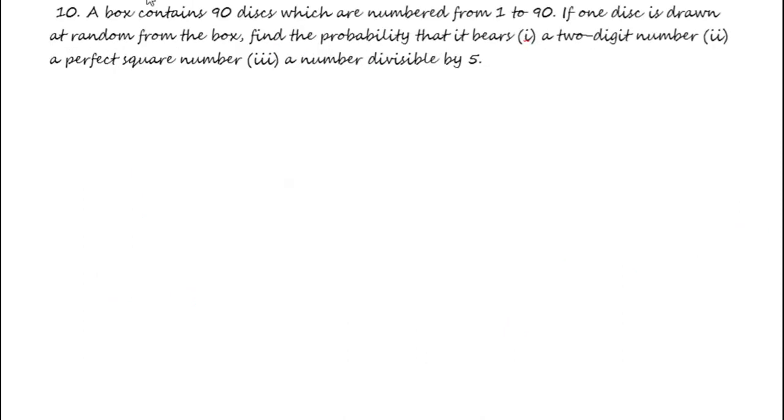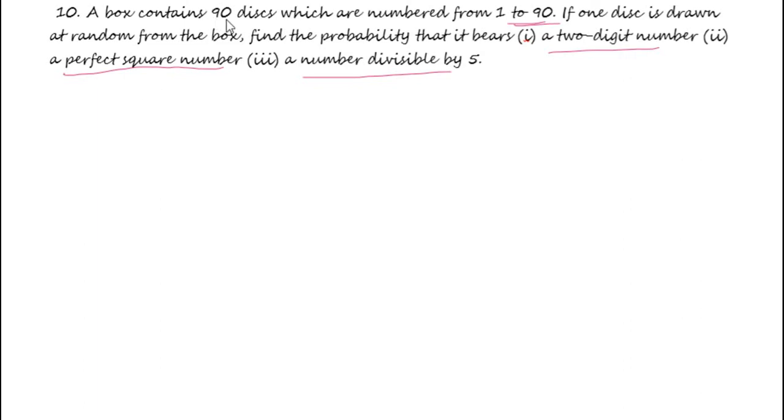10th problem, a box contains 90 discs which are numbered from 1 to 90. If one disc is drawn at random from the box, find the probability that it bears a 2-digit number, a perfect square number, and a number divisible by 5.